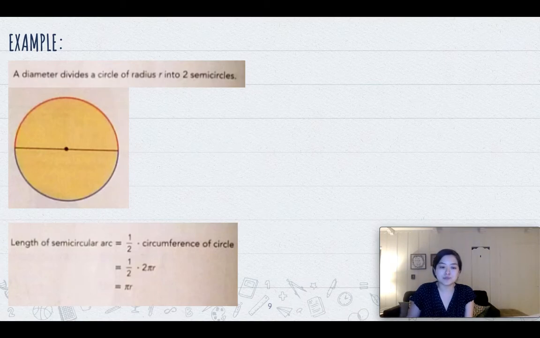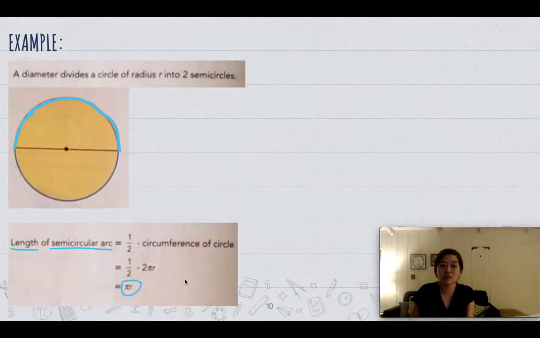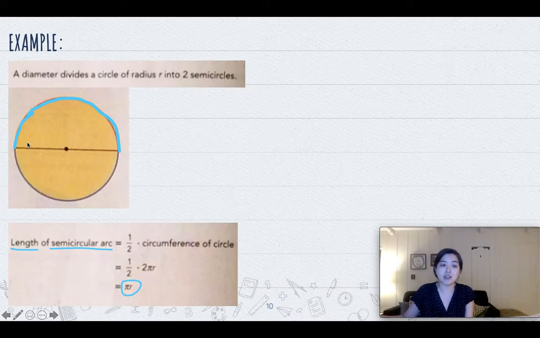Now, we know that the length of a semicircular arc is half of the circumference of a circle. And the formula for the circumference of a circle with r is 2 pi r. So half of 2 pi r is just pi r, right? Okay. So basically we're saying this semicircular arc, the length of it is pi r.